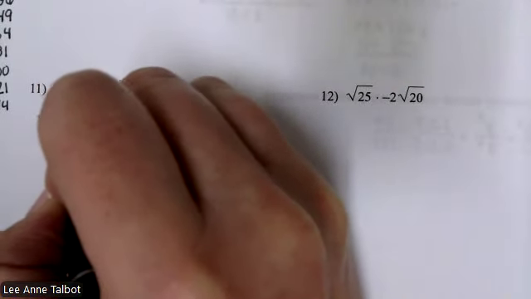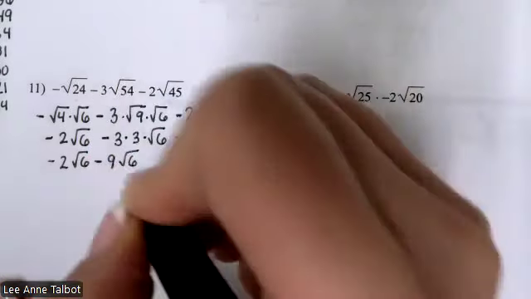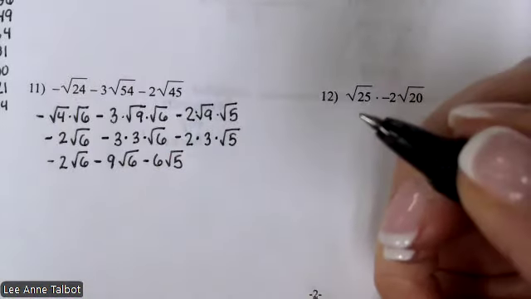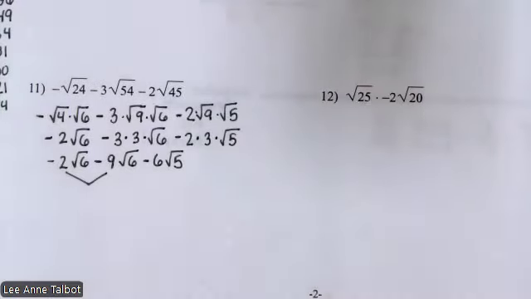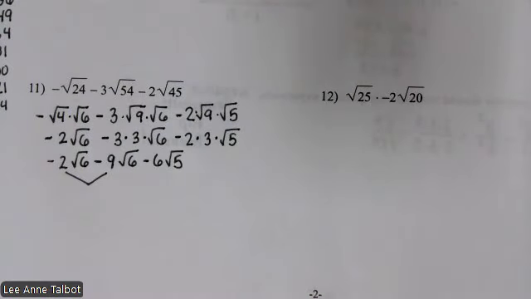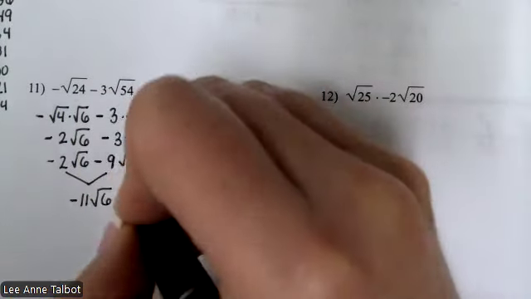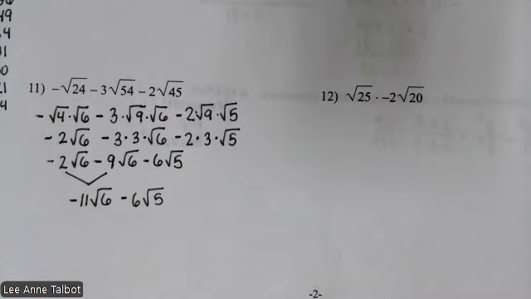Negative 2 root 6 minus 9 root 6 minus 6 root 5. Okay, these two are like terms, so they can be combined together. Great. Negative 11 square root 6 minus 6 square root 5. And it's not a pretty final answer, but it's correct.